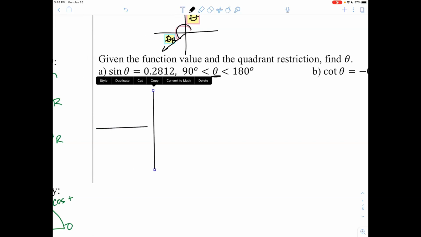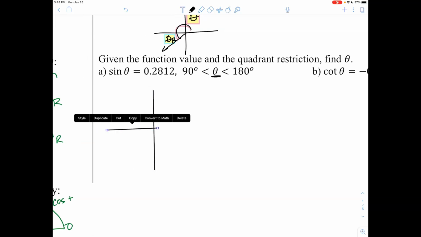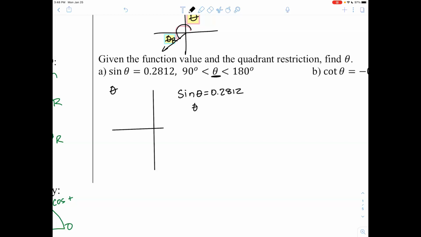That's very useful information. Okay, so there we have it. So we know theta is over here somewhere. Theta is going to be some obtuse angle, between 90 and 180 degrees. So I'm going to take sine of theta equals 0.2812 and isolate theta by taking the inverse sine of 0.2812.